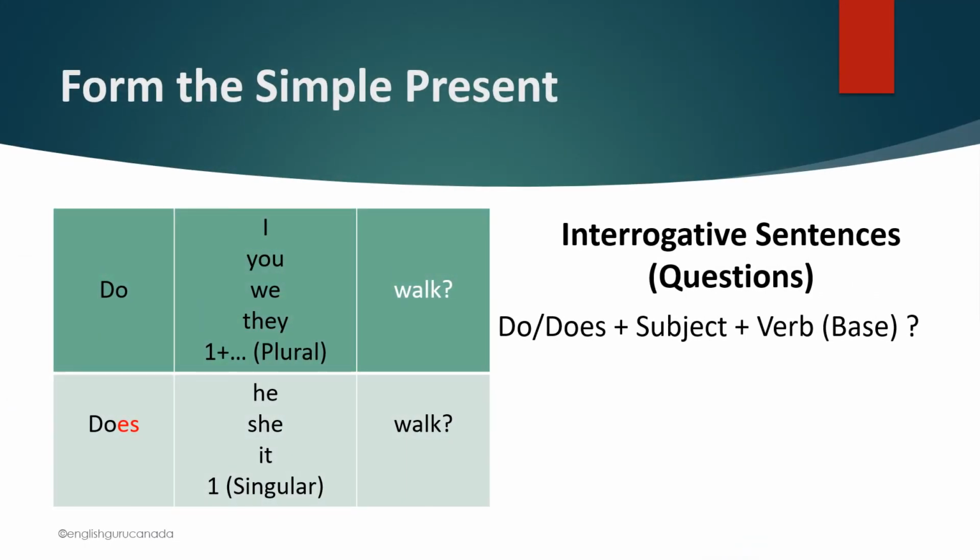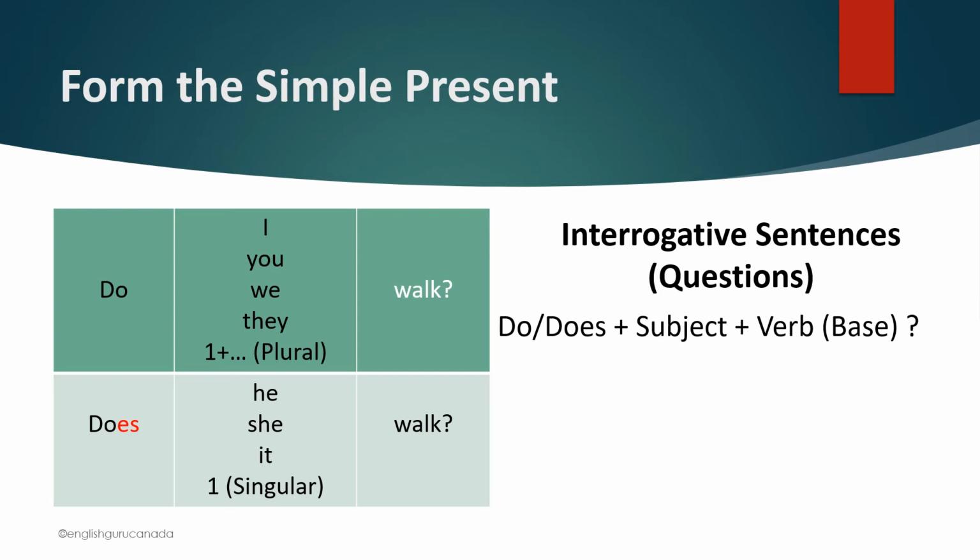Now, coming over to questions or interrogative sentences. So here the question is going to start with a do or does, and then it's going to be followed with a subject and followed by a verb, again the base verb.